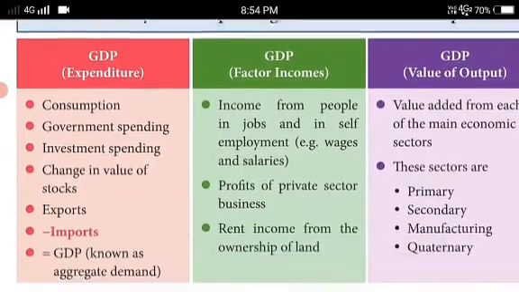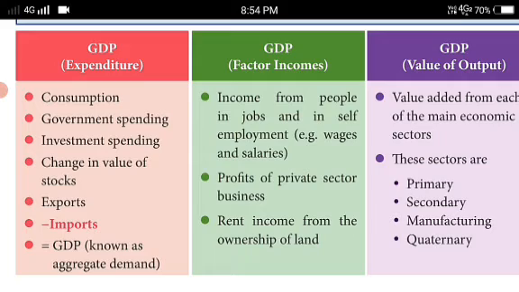Go through the table: GDP in expenditure, GDP in factor income, GDP out of value of output. In expenditure, we have consumption, government spending, investment spending, change in value of stocks, exports minus imports. So GDP is known as aggregate demand.